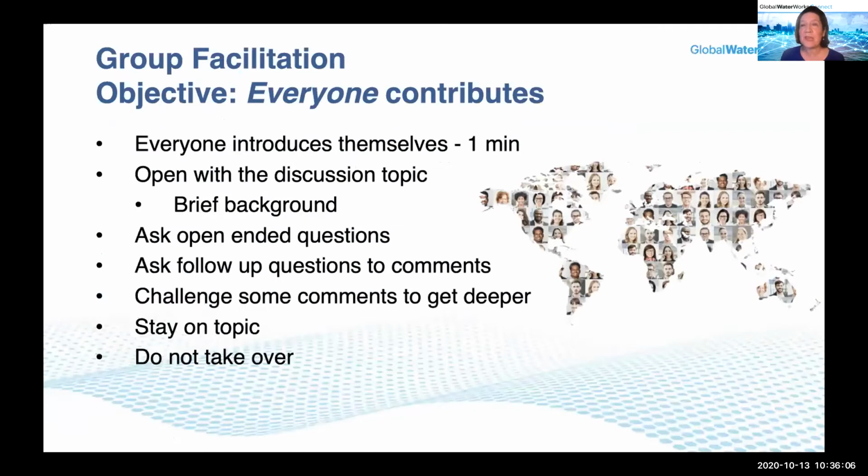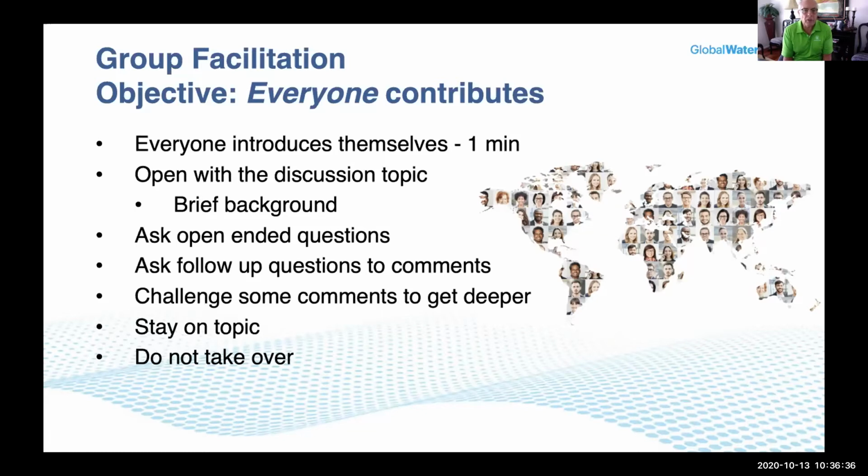But before we do that, I just want to turn it over to Frank, an expert trainer and facilitator on guidelines for great group participation. So pretty simple. The objective of the group is to get everybody participating. So start off with everybody introducing themselves, open with the discussion topics, brief background. The facilitator should be doing probably the least amount of talking within the group.